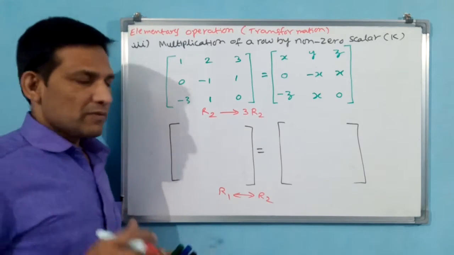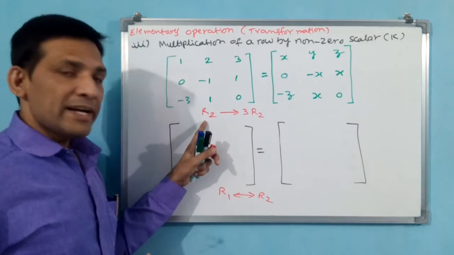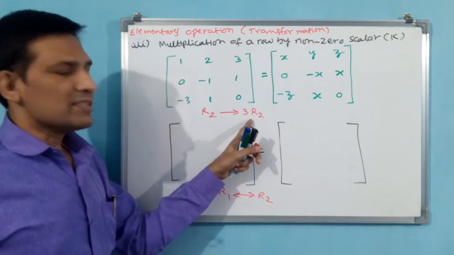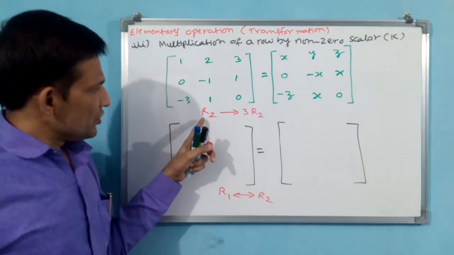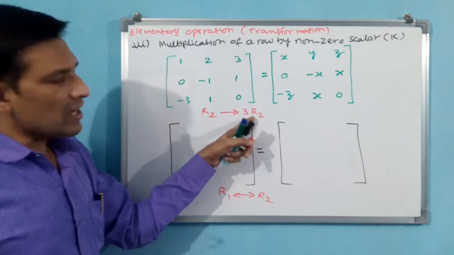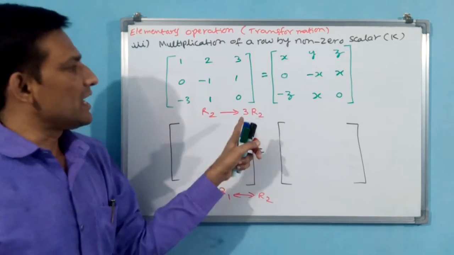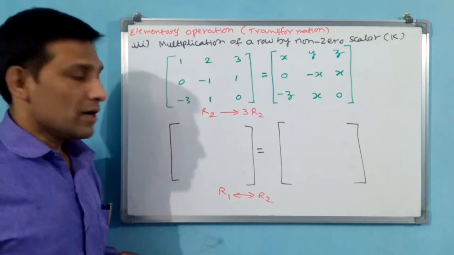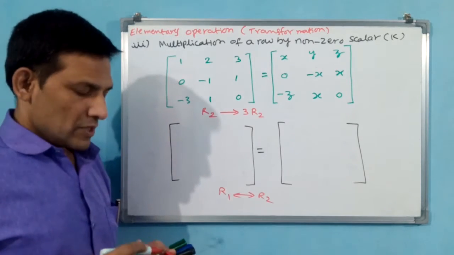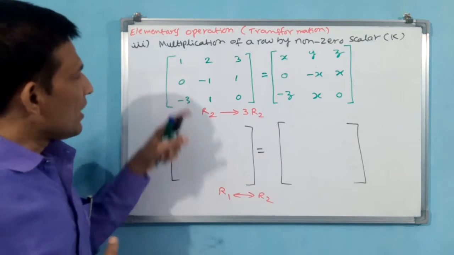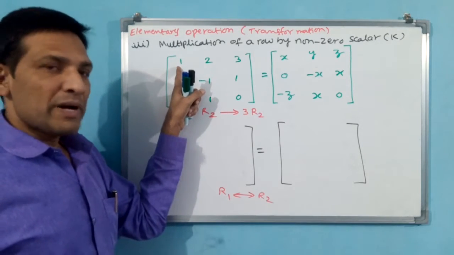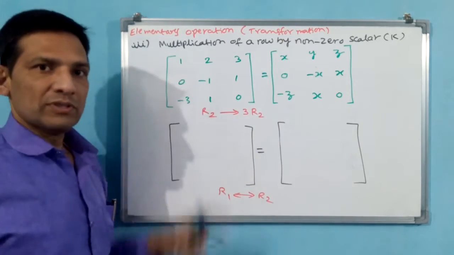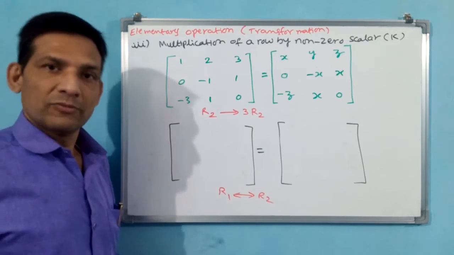Where the change is happening is decided by the left side, and what is going to happen is decided by this side. The change is happening in R2 and that change is 3R2. Here 3 is a non-zero scalar multiplying R2. R1 should not come here. If you want to multiply a scalar with R1, first multiply the scalar and in the next operation interchange both; you don't do it directly.